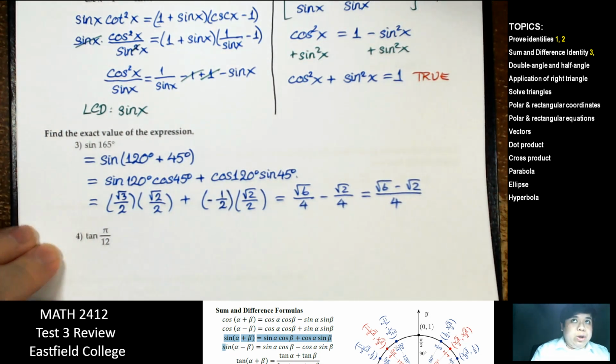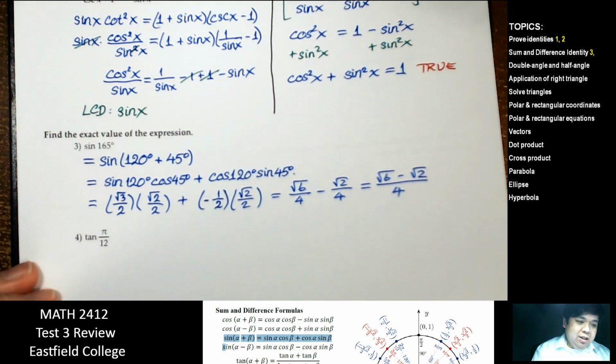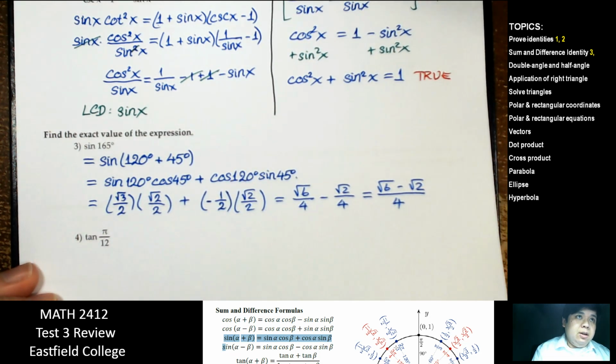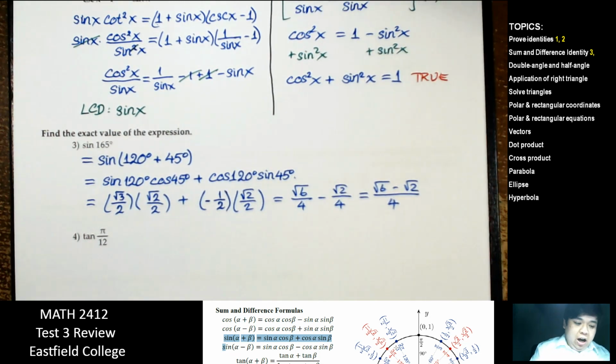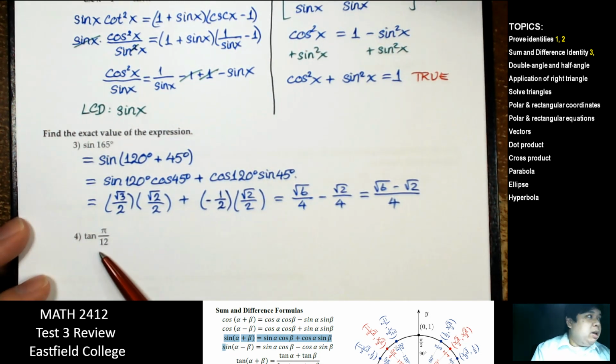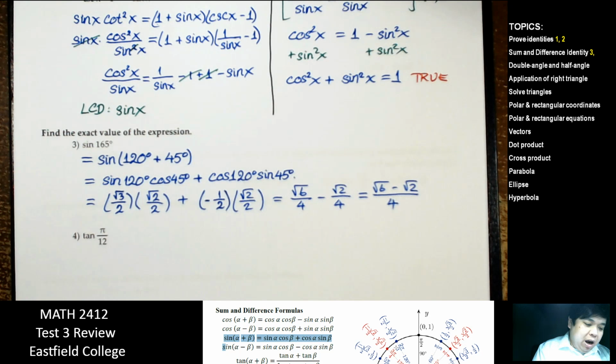So that was number 3. Yeah, very straightforward. Try to break the angle. Pi over 12, that is half of pi over 6, which is 30.